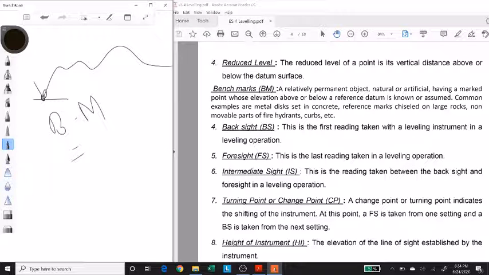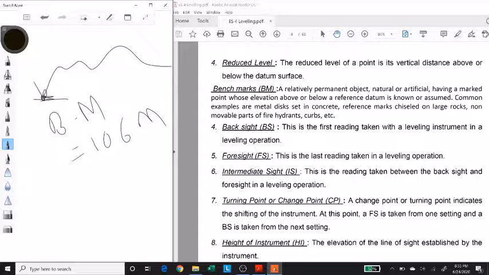Benchmark means a point whose reduced level is known, and the reduced level is difference in elevation from the datum. So your benchmark can have any reduced level. Let's say my benchmark has a reduced level of 106 meters. So that means this point over here is at a height of 106 meters from the datum.